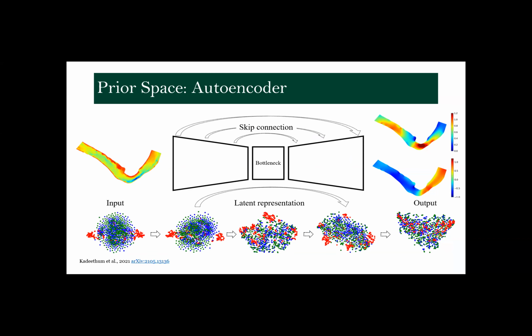This bottleneck can be a small-dimension latent space, and you can use the decoder part for fast prediction of the outputs, and also focus on the small dimension to estimate the parameters, with the assumption that your latent space is well conditioned and without any kind of latent space collapse. That's the assumption.